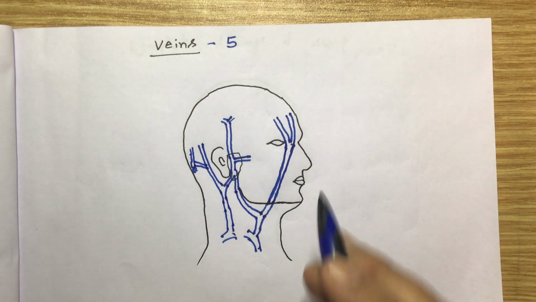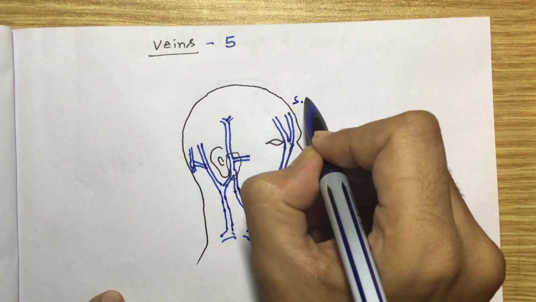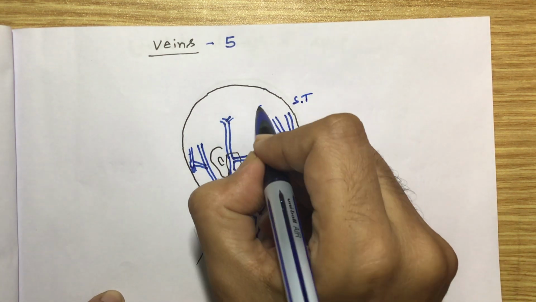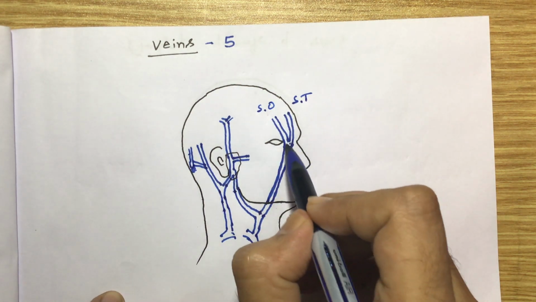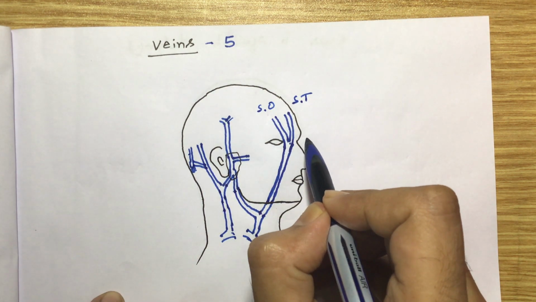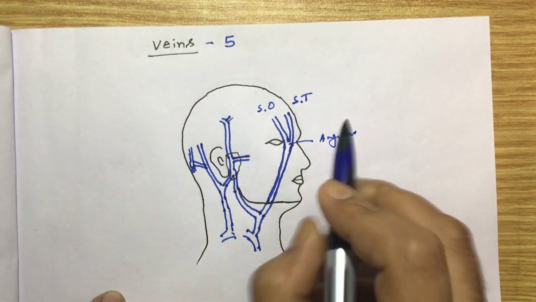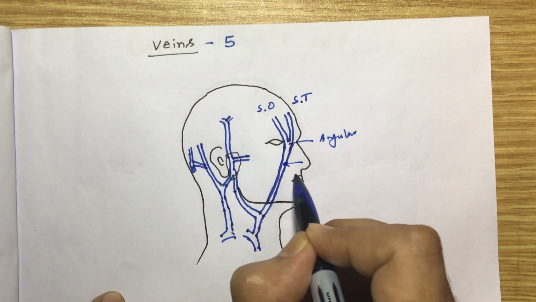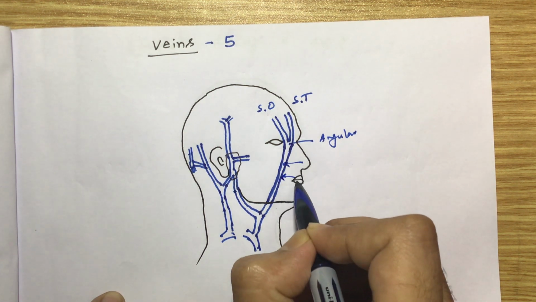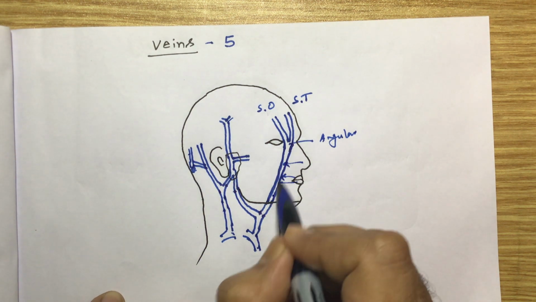So again, I can name the veins: the supratrochlear, supraorbital, and here the angular vein. Then this vein coming downwards receives venous drainage from the ala of the nose, upper lip and lower lip, and it is now known as the facial vein.